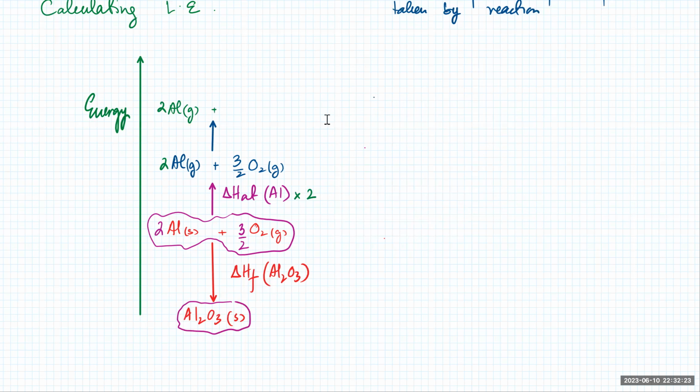Now I'm going to break down the O2 gas molecules and break their bonds, forming 3 oxygen gaseous atoms. So this is the enthalpy change of atomization of oxygen times 3, or 1.5 times the bond energy of O2. Is this part clear?